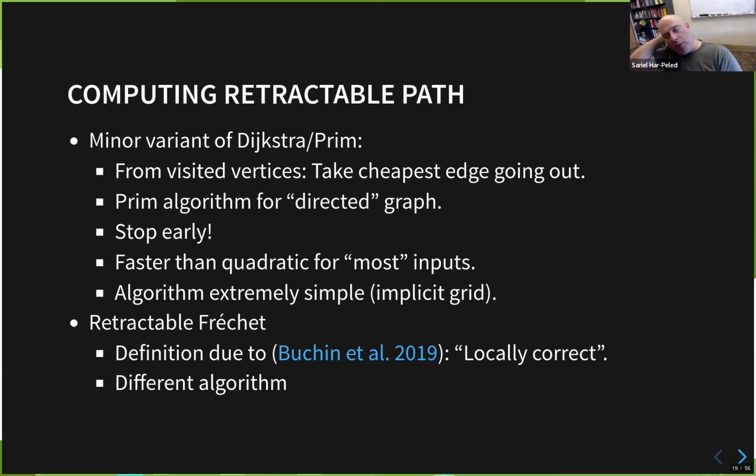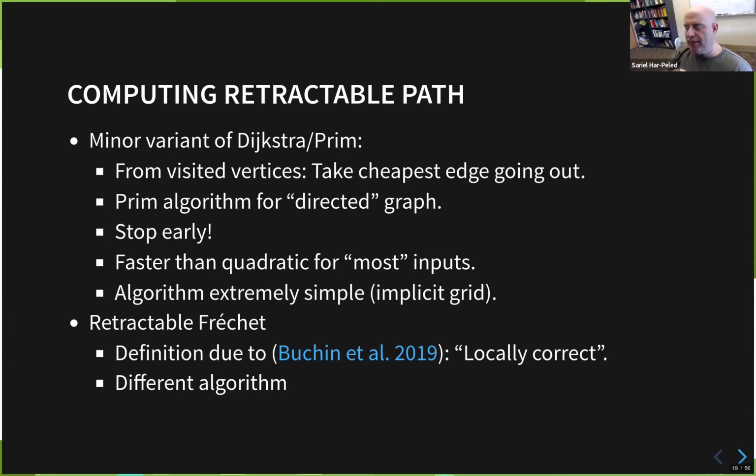A critical property of this algorithm in practice, as with Dijkstra, is that you stop early. Once you arrive at the target vertex, you can stop. And that makes a huge difference in practice, because in practice, you don't really have to explore the whole grid. You have to really explore very small portions.